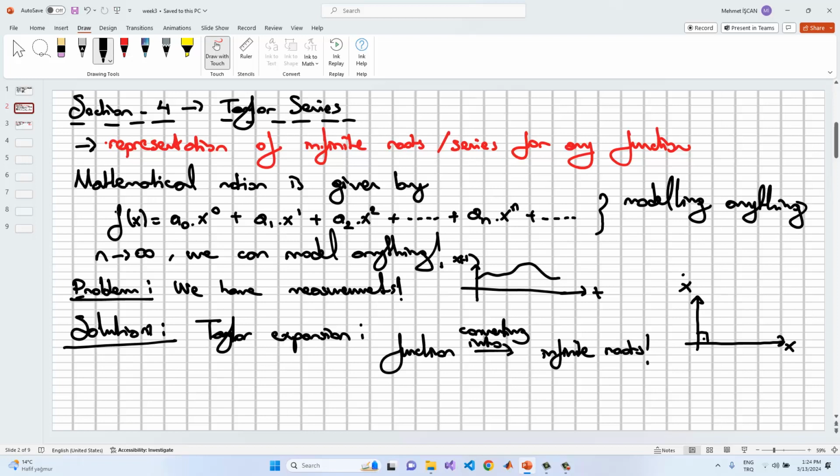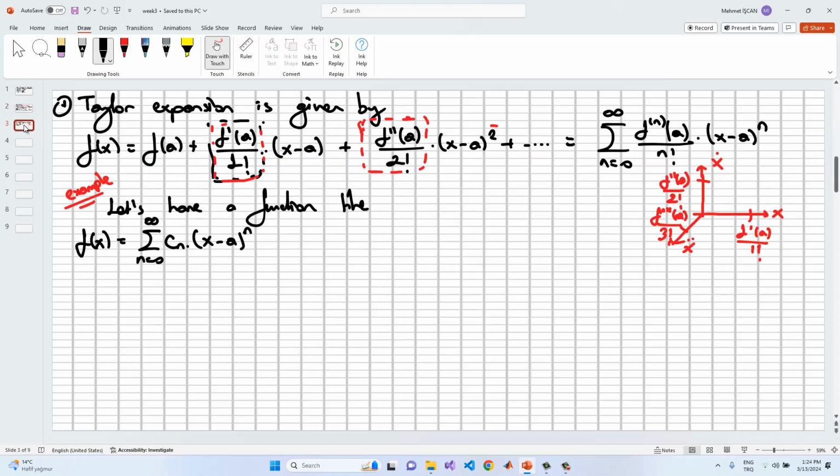This is identical with this notation. Just take a as 0, and then we can see it in this notation. And so we can expand this notation: c0 + c1 (x - a) + c2 (x - a)^2, and so on. And so we have this function.